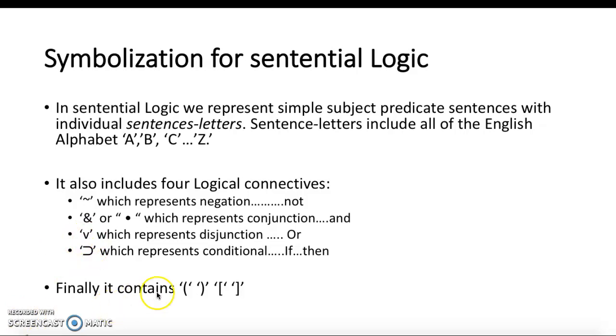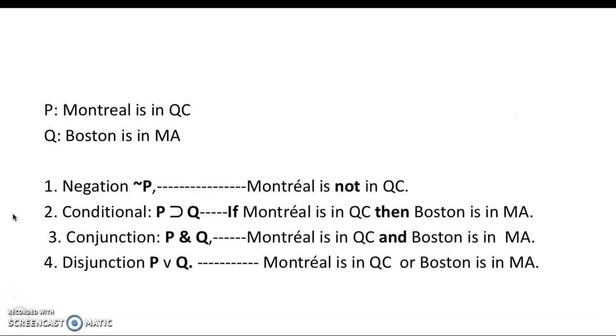We are also going to make use of parentheses and square brackets for punctuation in our translations of English sentences into symbolic logic, and we'll see how that works in a little bit. But for now, let us go back to our original examples, Montreal is in Quebec and Boston is in Massachusetts, to see how we symbolize these simple English sentences into symbolic logic.